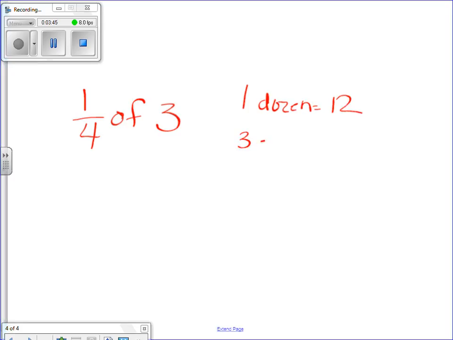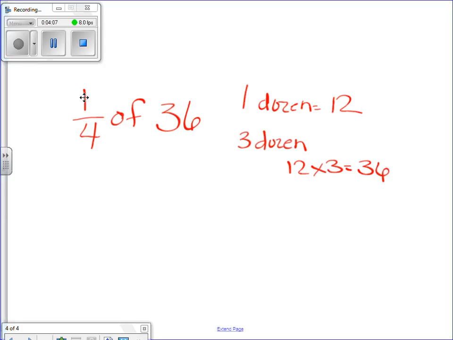Then you have 3 dozen. 12 times 3 equals 36. It's 1/4 of 36. Looking to see if you were actually paying attention to what the problem said. If you did 1/4 of 3, you weren't paying attention to what the problem said.